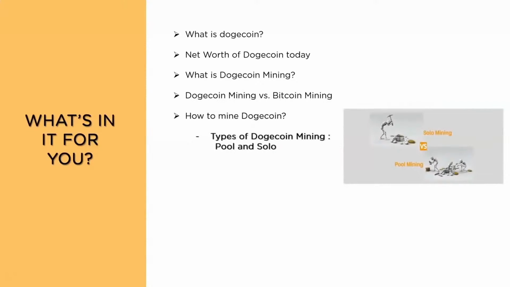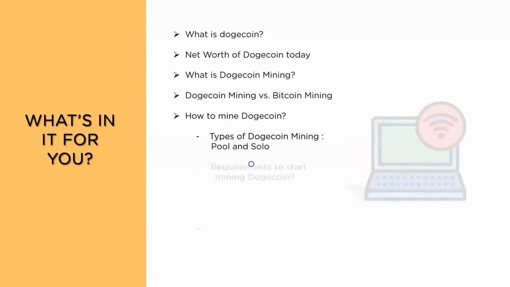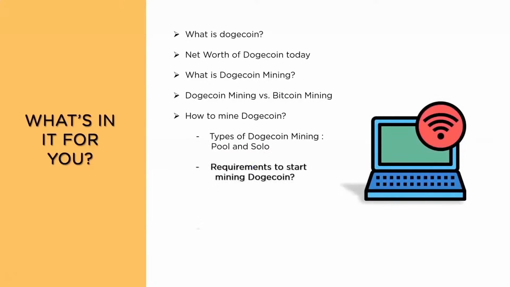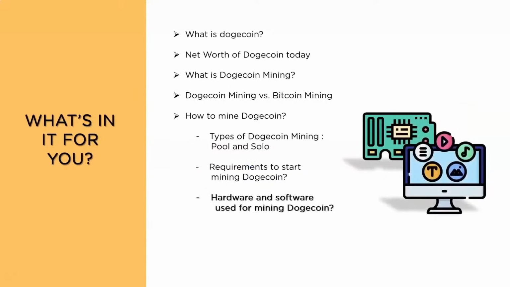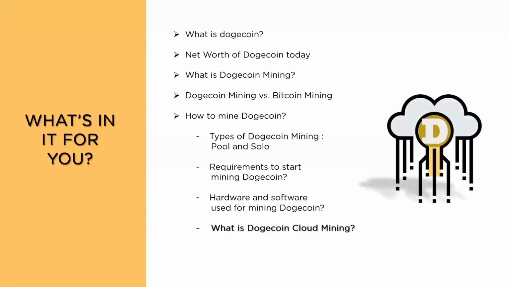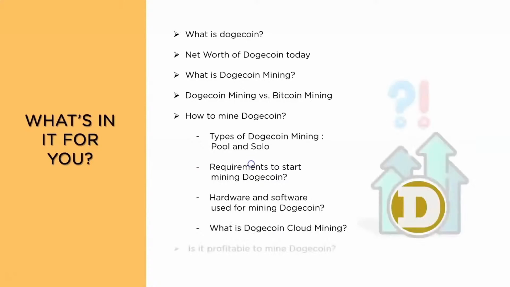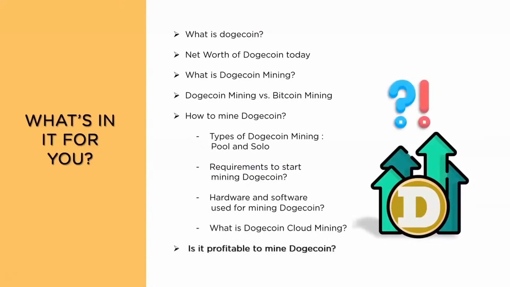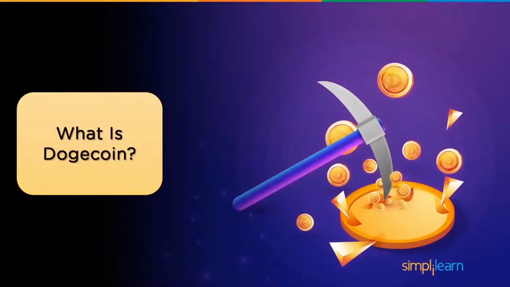In this segment, first we will see types of Dogecoin mining like pool and solo. Then we will see what exactly you require to start Dogecoin mining, what hardware and software you need. And then we will understand a new concept of Dogecoin mining, which is Dogecoin cloud mining. And in the end, we will analyze whether Dogecoin mining is profitable or not. So let's get started and have a quick look at what is Dogecoin.